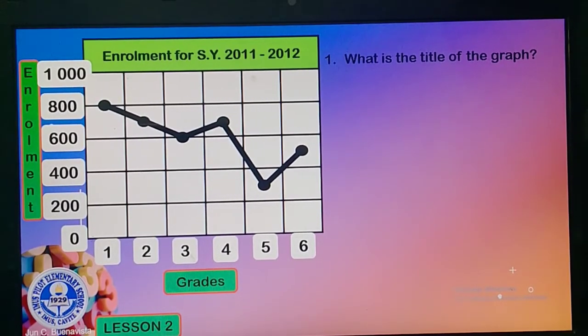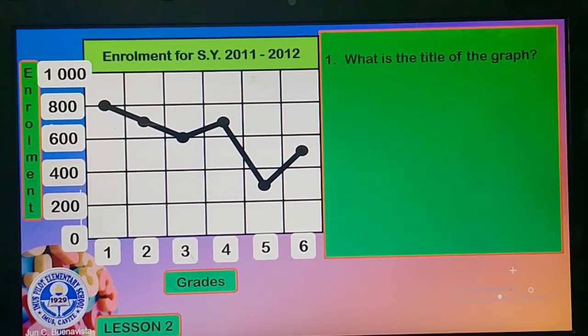So, what is the number scale? By 200. It is by 200 because it started at 0 plus 200 became 200, plus 200 became 400. So, that is why the scale used is by 200. Then, the grades. So, we have grades 1 to 6. Now, let us answer the questions.